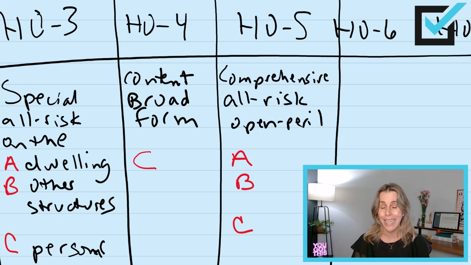So A, B, and C are all open peril. So everything is covered unless it is specifically excluded, like earthquake, flood, never covered, war, nuclear hazard, intentional loss, neglect, wear and tear, deterioration. Those are always excluded.